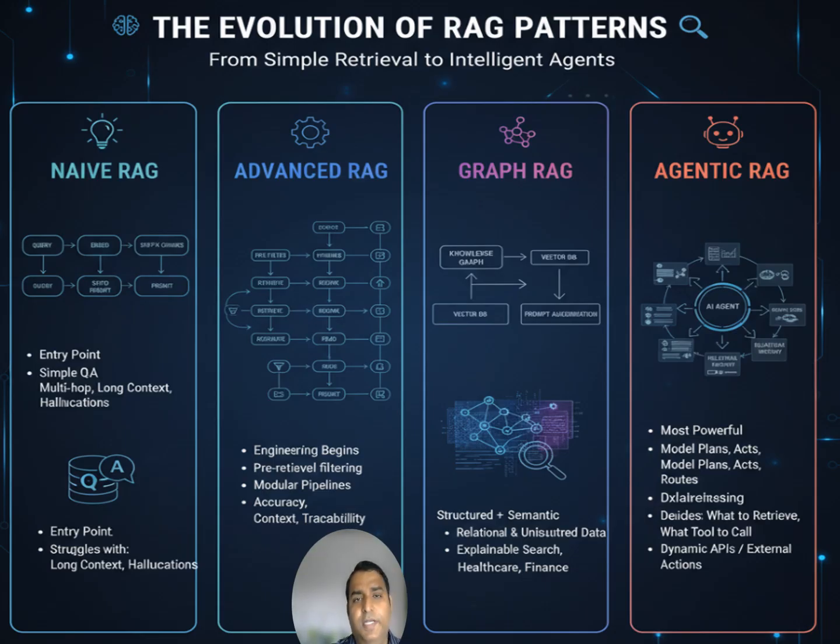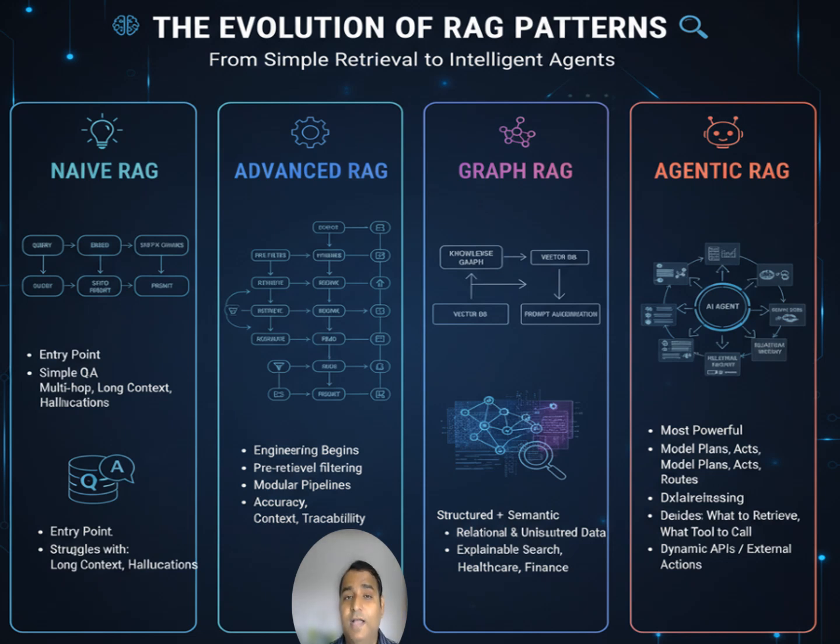Nowadays, it is very important to understand how RAG patterns are moving from simple to highly sophisticated. Initially, it was naive RAG, the basic starting point, which involves embedding a query, retrieving relevant text chunks, and feeding them directly into a prompt. While it was very effective for simple Q&A, it struggles with complex tasks like multi-hop reasoning and long context, and is prone to hallucinations.